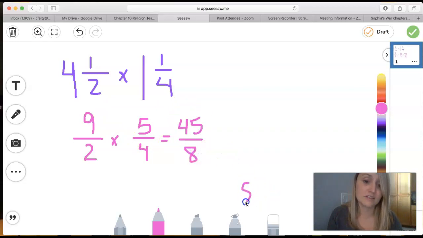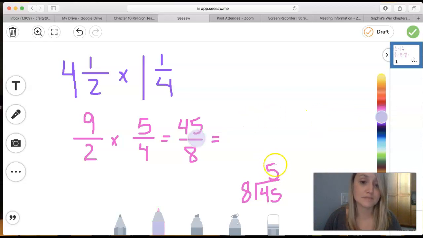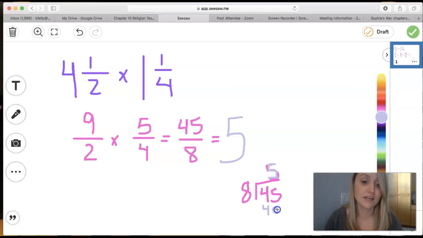Okay, and then this is where we're going to have to see how many times 8 can go into 45. So just using our division skills, 8 goes into 45 5 times. And let me change the color a little bit. 5 times. And then 8 times 5 is 40.